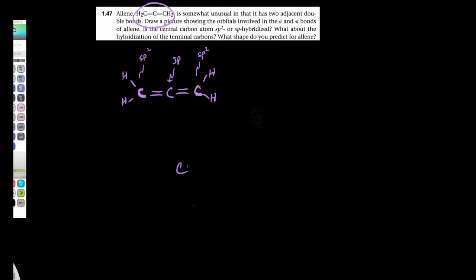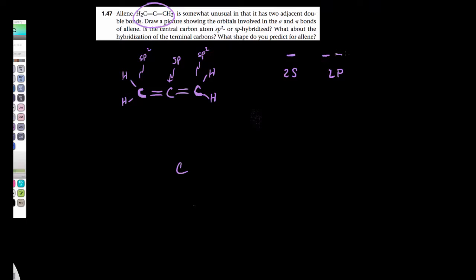If the middle carbon is sp hybridized, remember in sp hybridization you have an s and your p orbitals. You have your 2s and 2p, and you have your 2p orbitals.